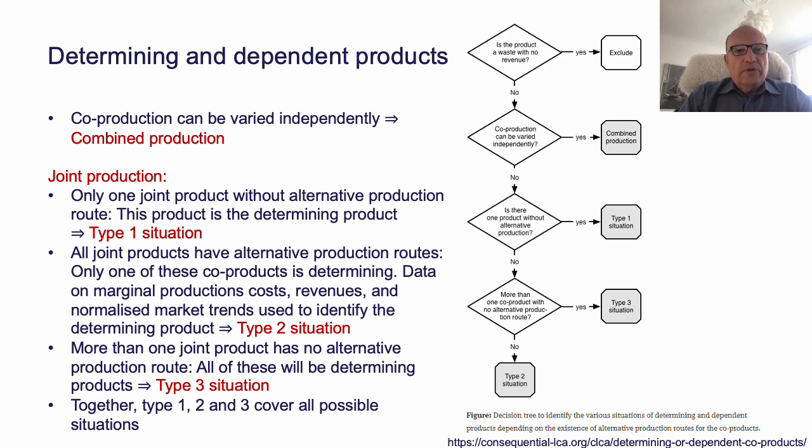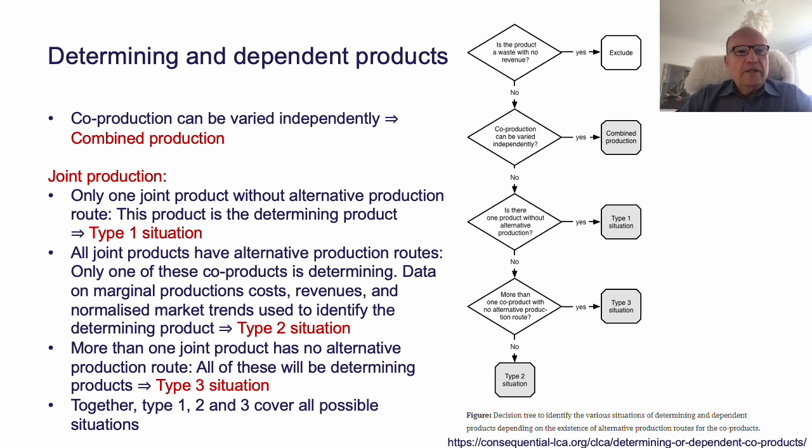So we focus on the products alone, and then we look at situations of combined production where the co-products can be varied independently, and those we have already talked about being treated by physical modeling of the individual products. So that leaves us with joint production, where we have three different kinds of situations.